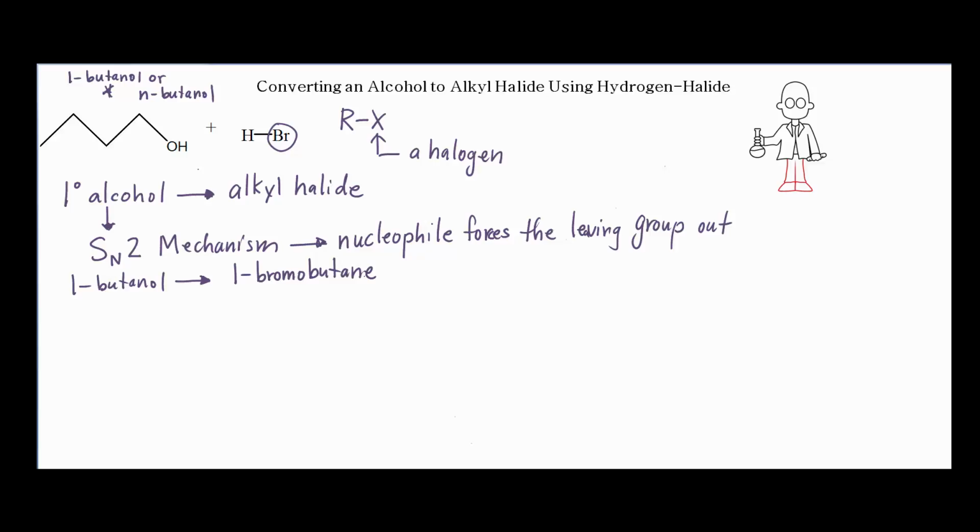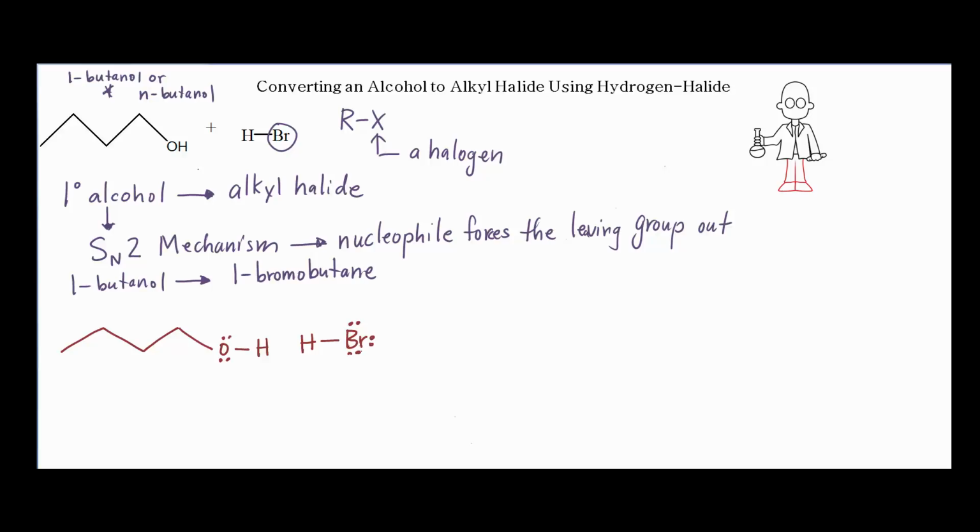So if we use this mechanism, we have carbons 1, 2, 3, 4 attached to an alcohol, and we have our HBr.